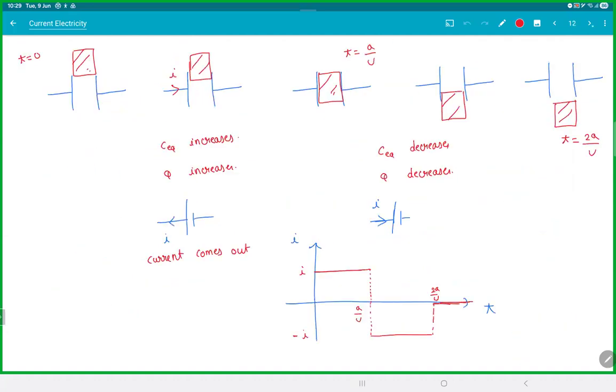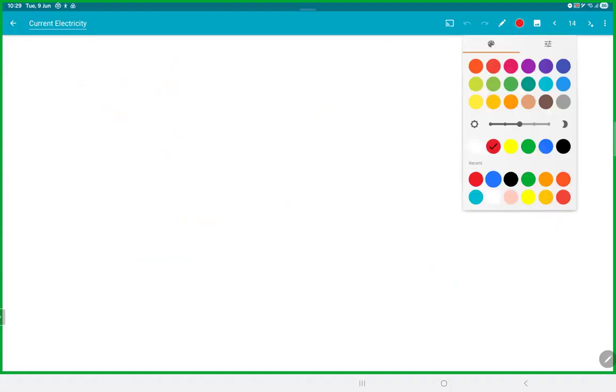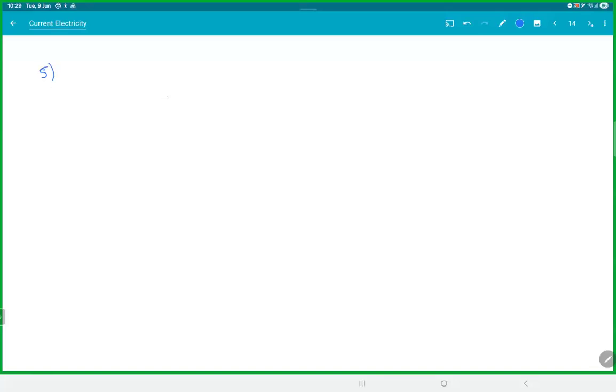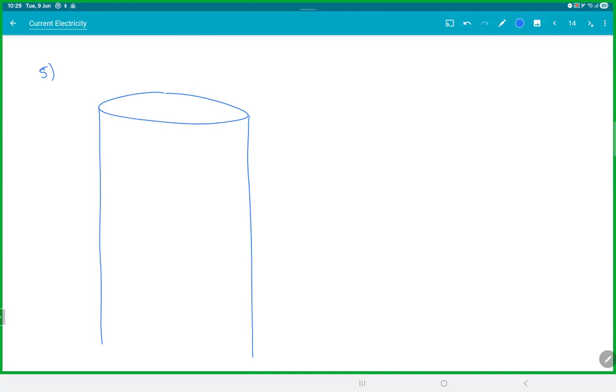Let's do one simple question on this and then we'll wrap up for the day. Let's say we have a cylinder where the current density J is J naught into 1 minus small r by capital R, where r lies between R to 0. r is the distance from the axis.